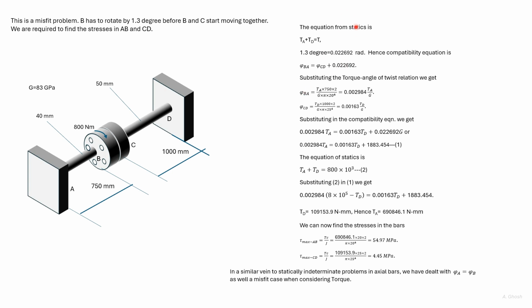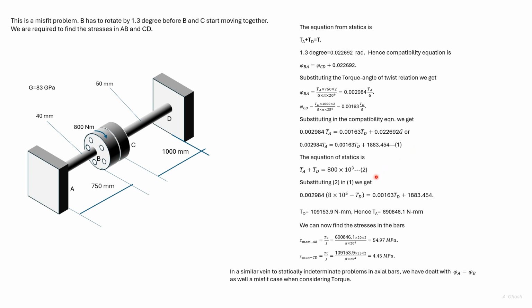We substitute phi BA and phi CD in this equation, and we also substitute the value of G. We get an equation as shown here. So we have already got this equation. Putting the value of T, we have these two equations.